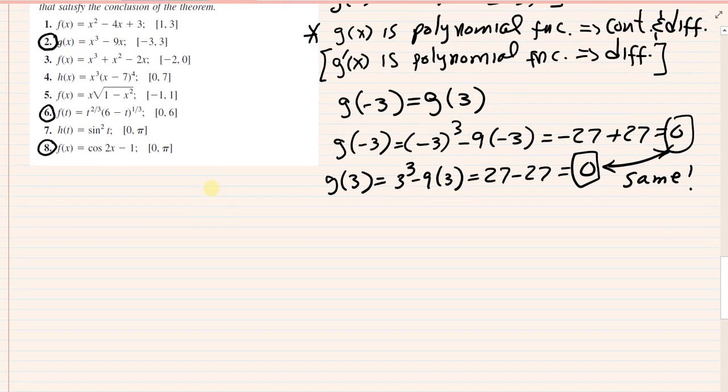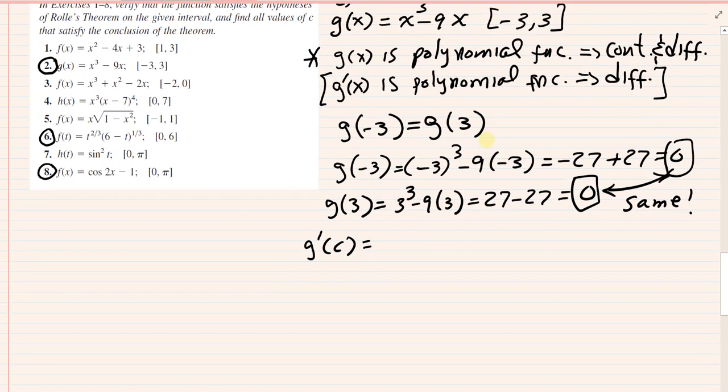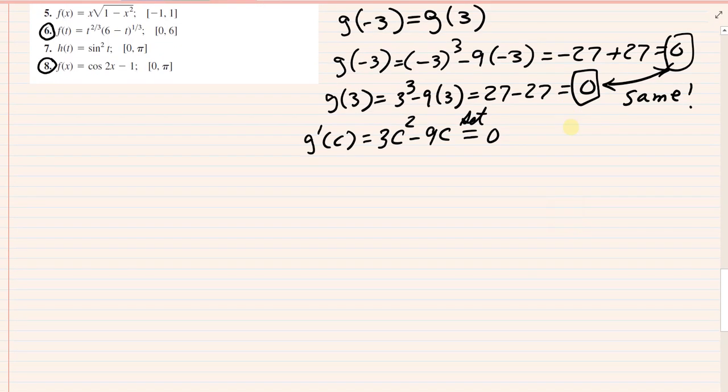So what do we need to do? We need to find g prime at c. Now we take the derivative of the function. That's going to be 3, and at c replace x with c, so that's 3c squared minus 9c. And we're going to set it equal to 0 to find such c.